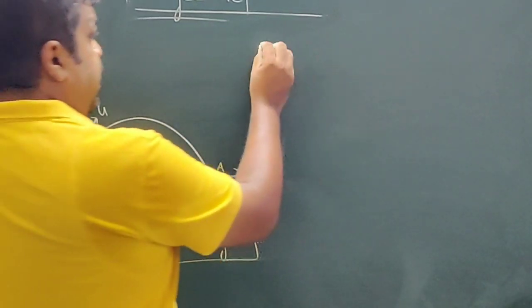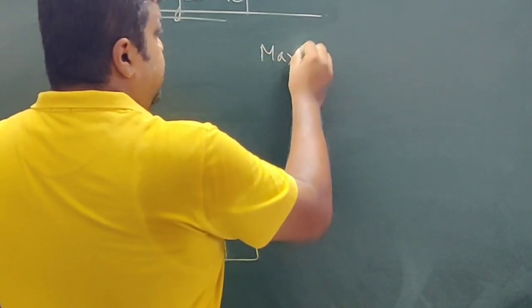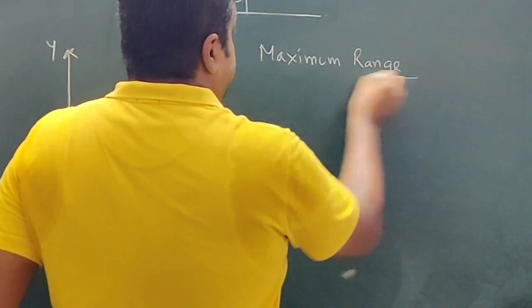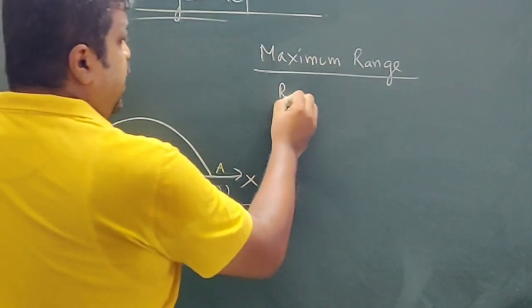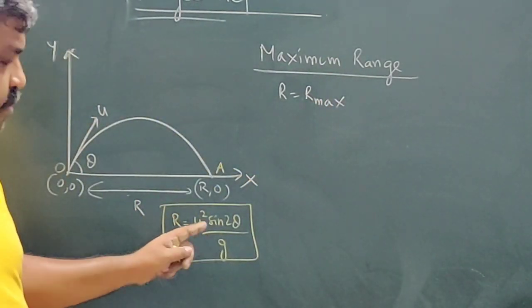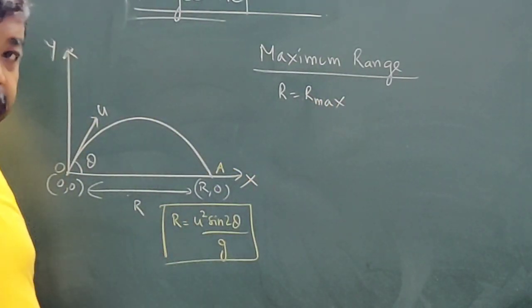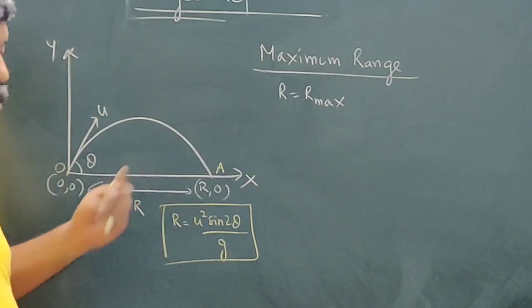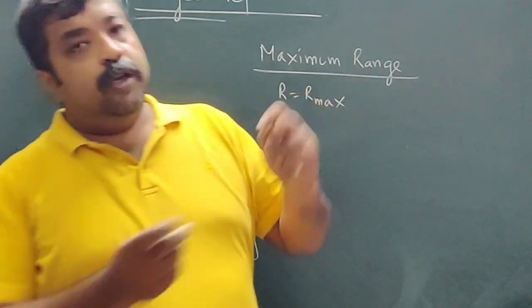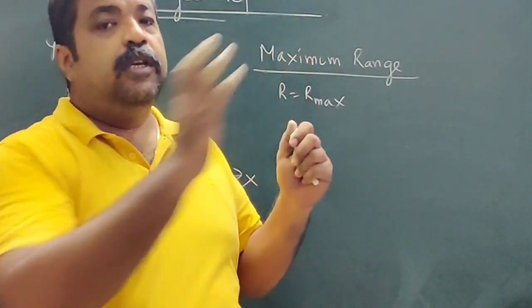So for maximum range, that is R is equal to R max. If you want this quantity to be maximum, keeping u and g fixed, g is not going to change, g is fixed, u is also suppose fixed. That is your maximum ability. Means suppose you can throw the shot put with a particular velocity.